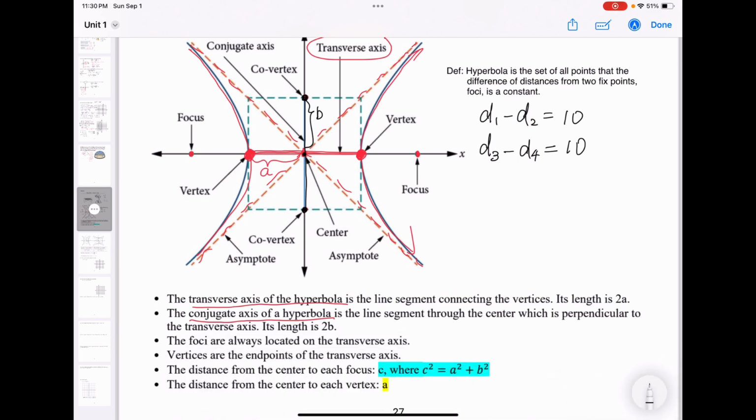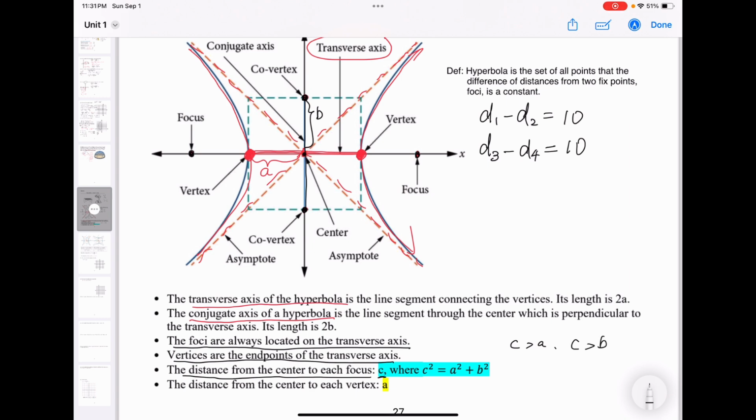The foci are always located on the transverse axis. We have two foci here and here. Vertices are the endpoints of the transverse axis. The distance from the center to each focus is c, where c squared is equal to a squared plus b squared. So c is the biggest number among a, b, and c. c is greater than a, and c is also greater than b.